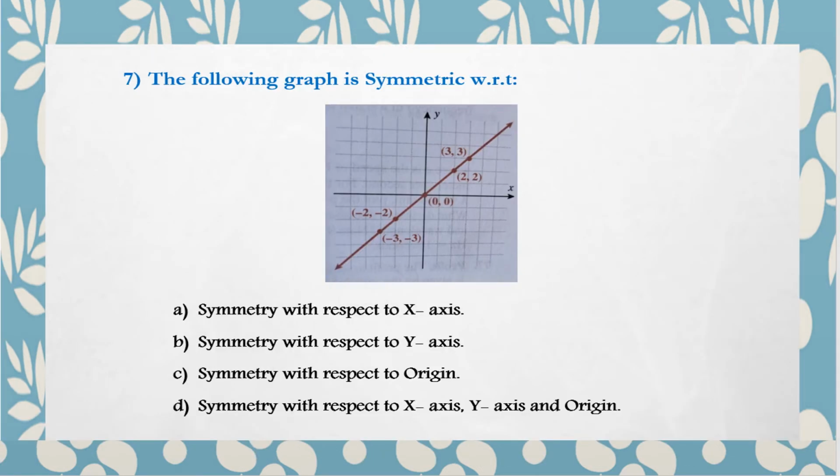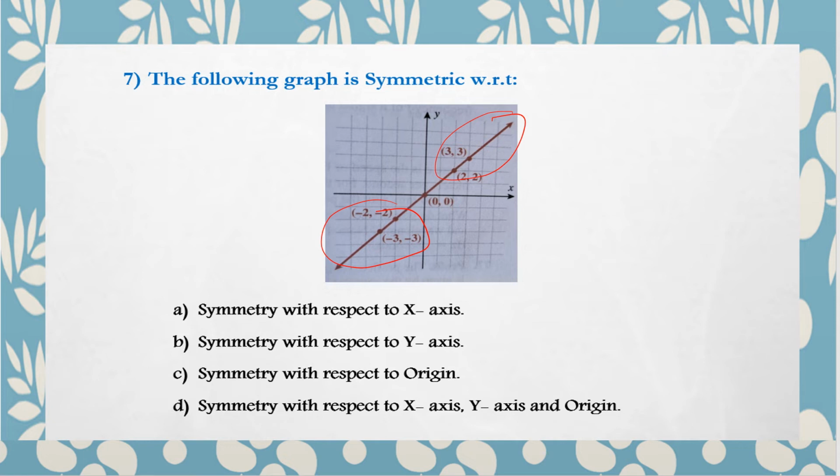Question 7. The following graph is symmetric with respect to the x-axis, the y-axis, the origin, or the x and y and the origin. By taking a look at the points on the graph, we can see that each point on the upper side of the graph has the opposite or negative value on the other side of the graph.